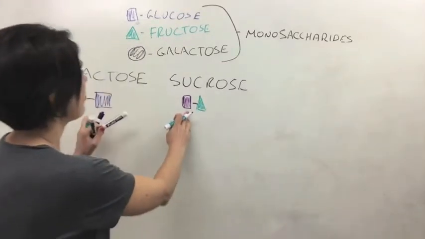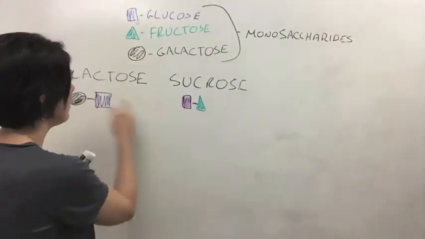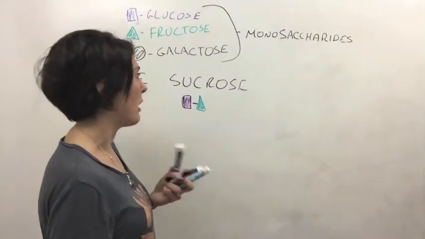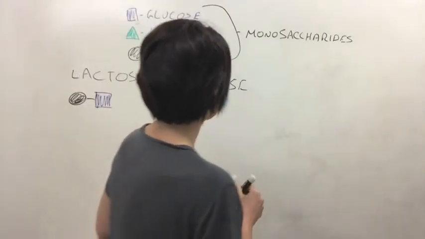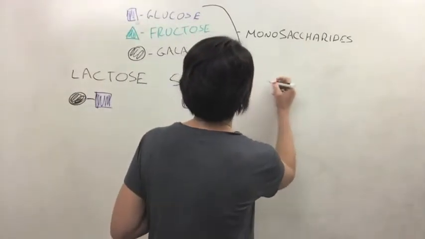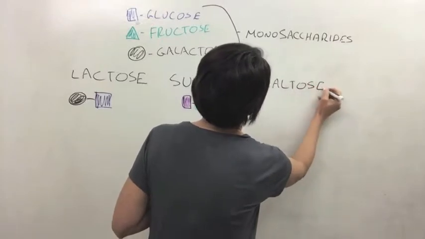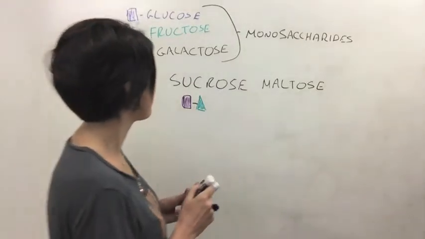So you can see there's going to be a little bit more digestion required. You need to break the bonds before you can absorb it into the circulation. And finally, we've got maltose, which is 2 glucose molecules.